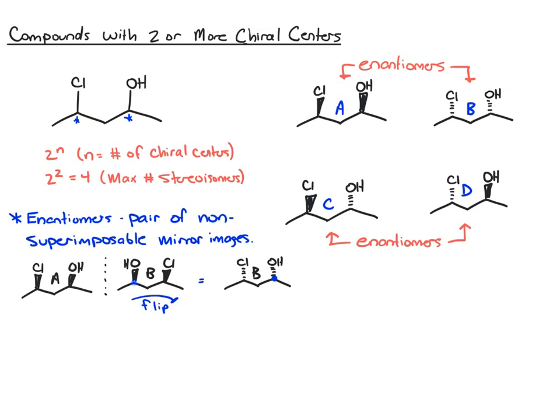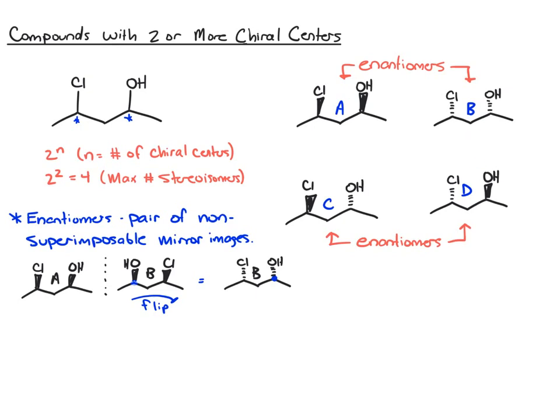So then the question becomes, if all four of these compounds are stereoisomers, and we have some pairs of enantiomers, what's the relationships between the non-pairs of enantiomers? For example, A and C. They're stereoisomers, but they're not mirror images, they're not superimposable.